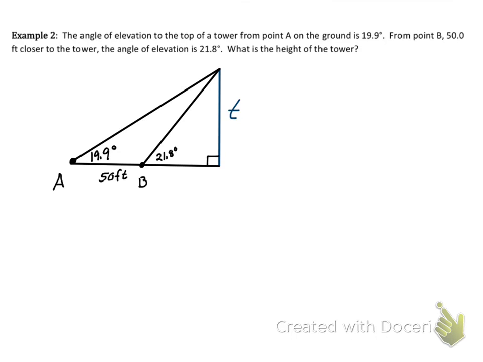So that is my goal, to find A. In order to find A, I'm going to use this triangle here. Well, we can almost use this triangle because I have an angle and a side. How can I get another angle in that little sliver?